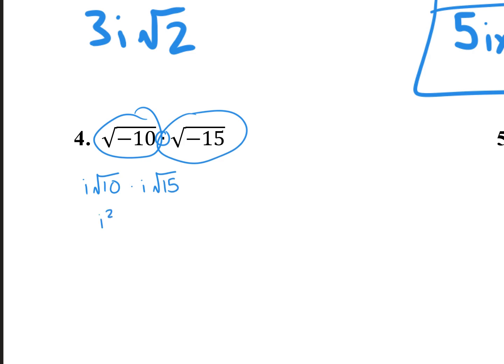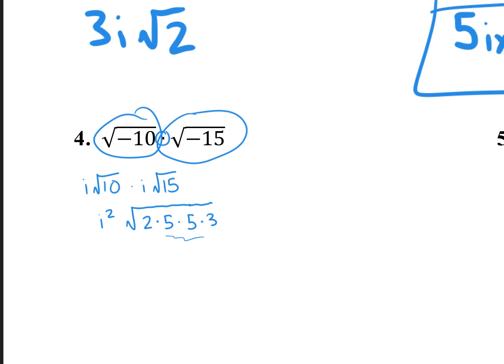All right, the i's can multiply together and make i squared. And instead of multiplying the 10 and the 15, I'm actually going to break them down. I'm going to break down 10 into 2 and 5. 15 is 3 times 5. I'm going to write it as 5 times 3 so that I can see this pair next to each other.